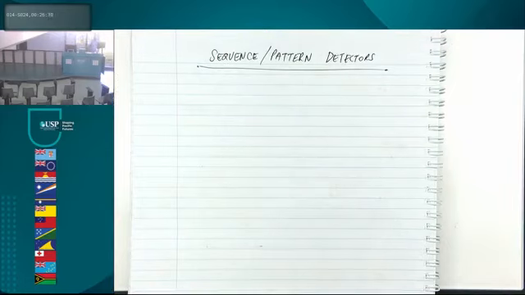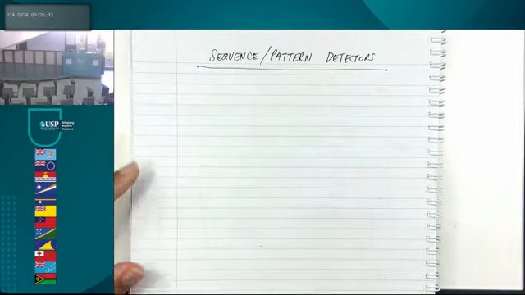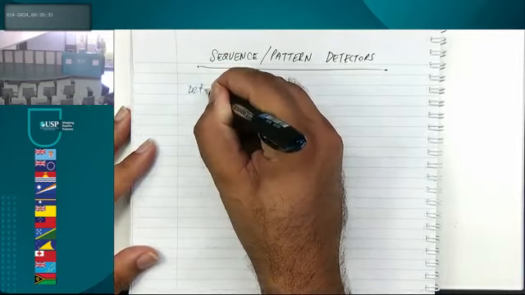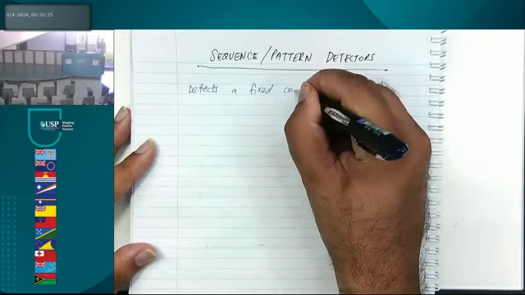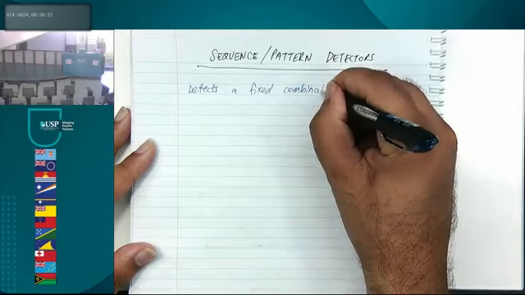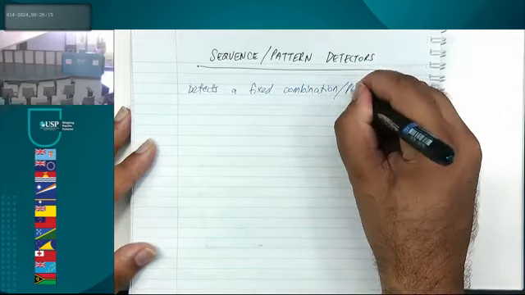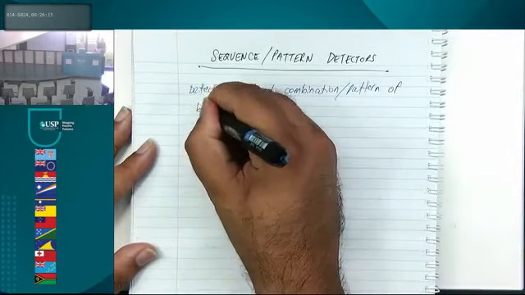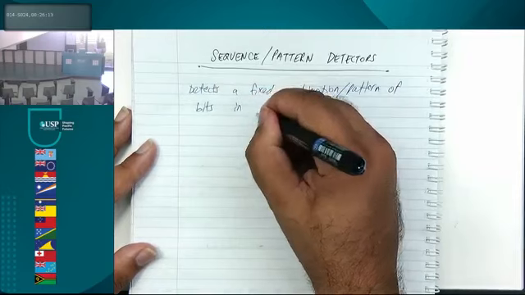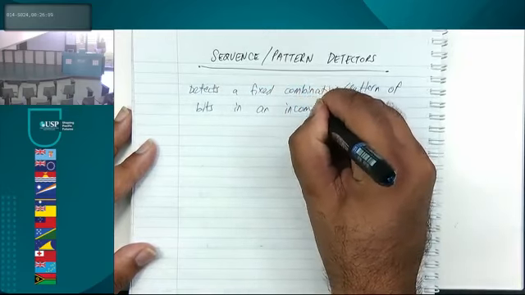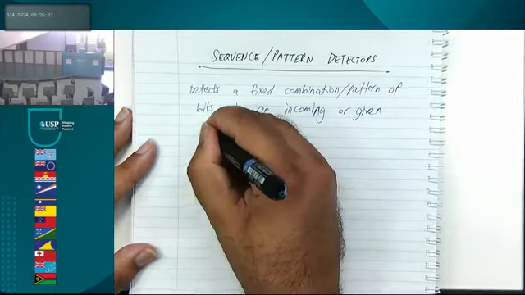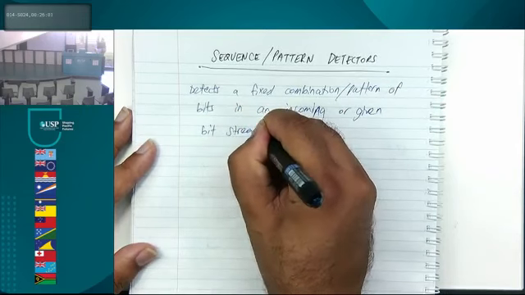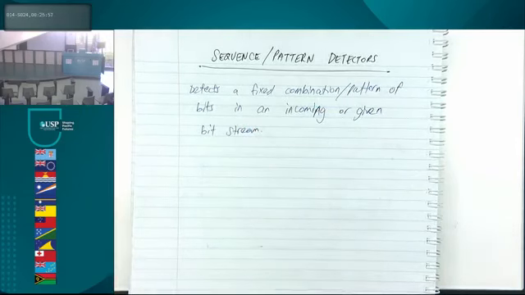A pattern detector detects a fixed combination or pattern of bits in an incoming or given bit stream.